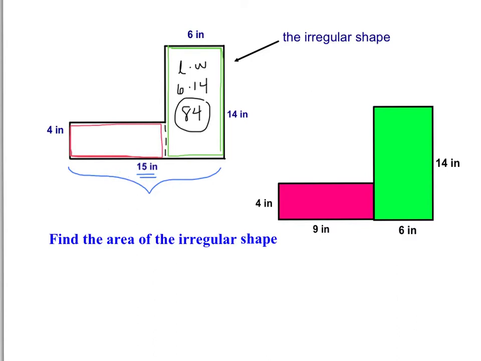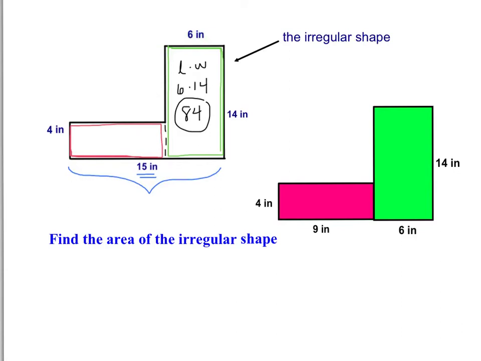Let's talk about what we know about parallel sides. Parallel sides are congruent, which means this side right here, which is 15, is actually the same length as this side plus that side.